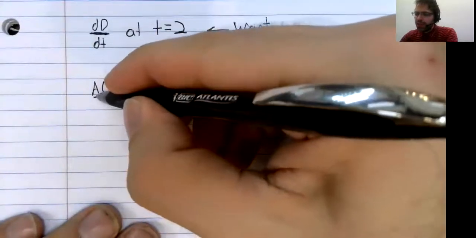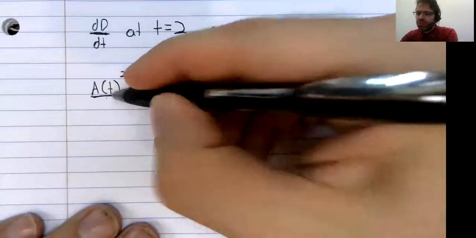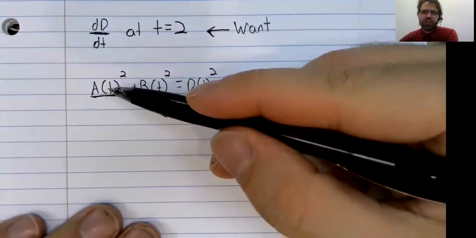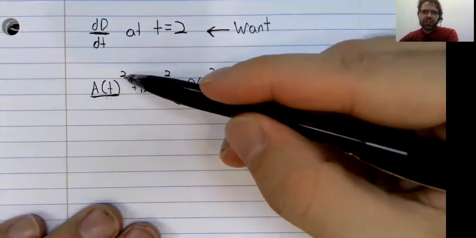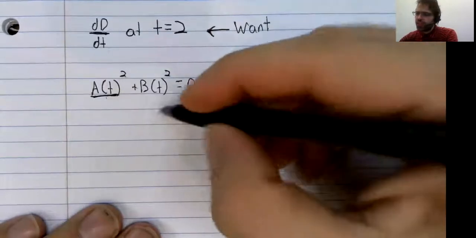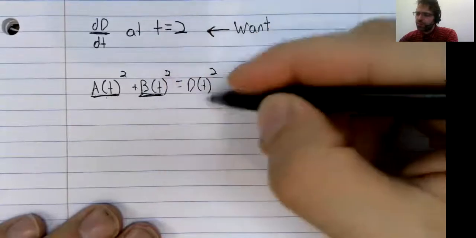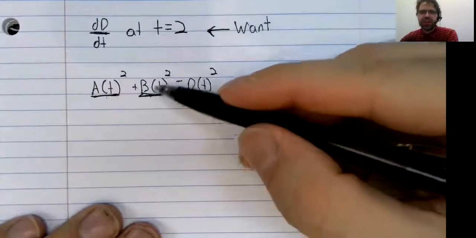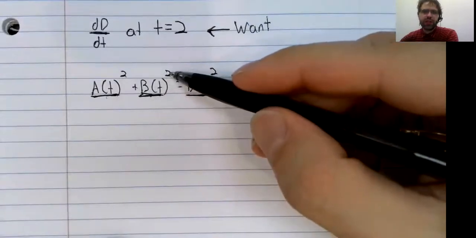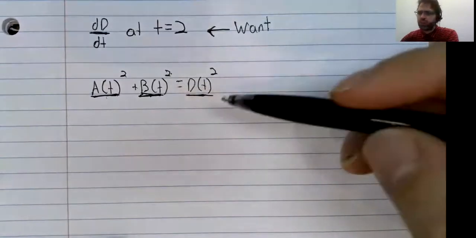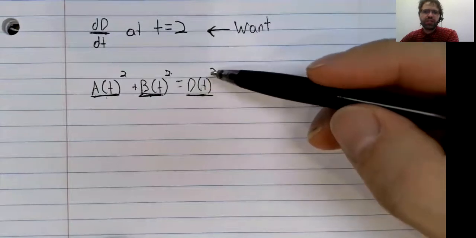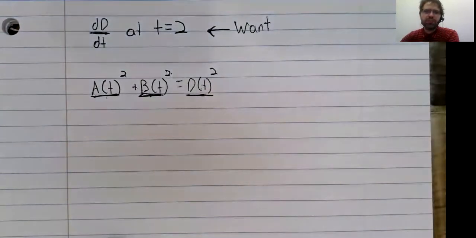So when we take the derivative of this, a of t is the inside function, the square is the outside function, and similarly here, b is the inside function, the square is the outside function, d is the inside function, the square is the outside function.